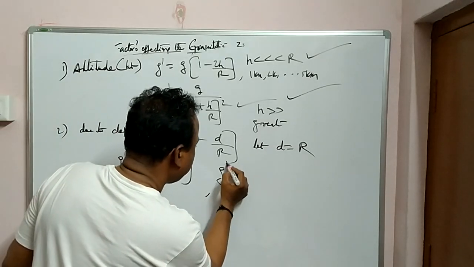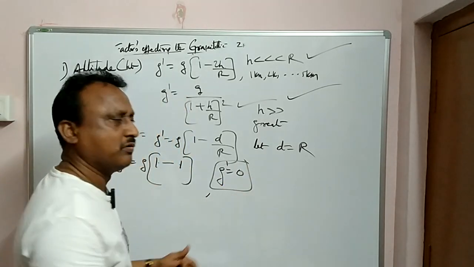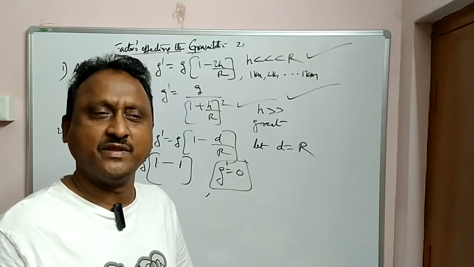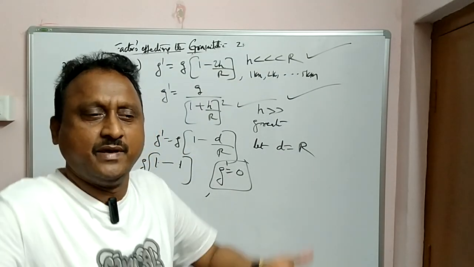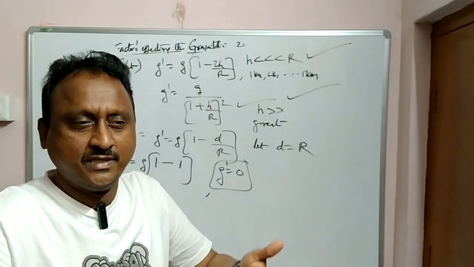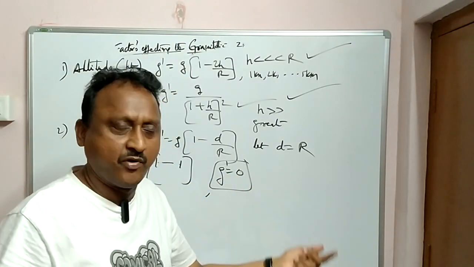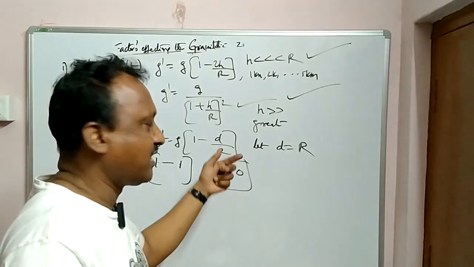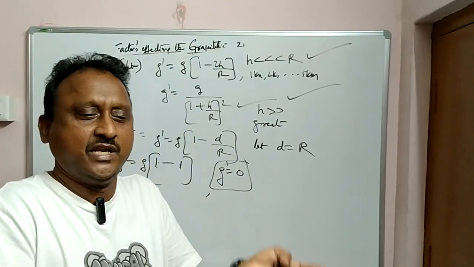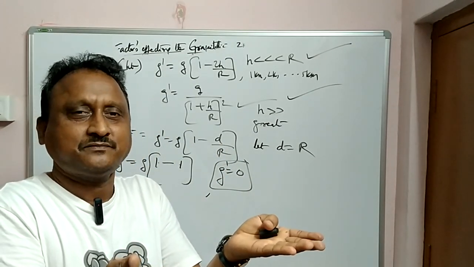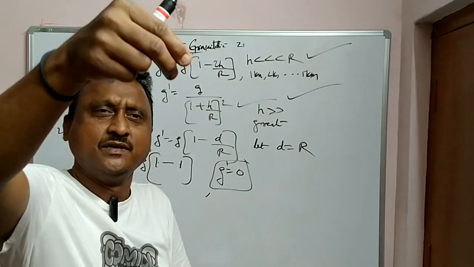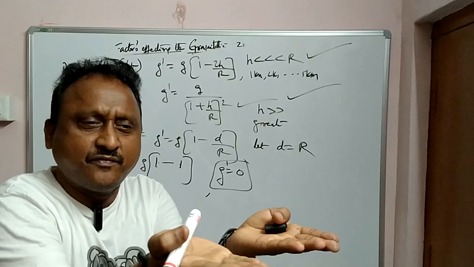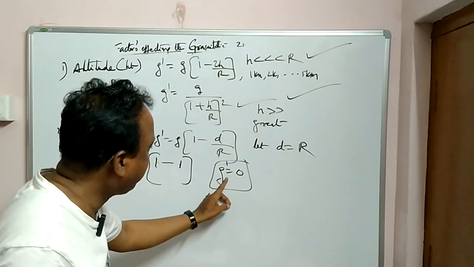So what does G dash become then? 0. No gravity. Now gravity is there, so we stand on the earth. If there is no gravity, what happens to us? We will be in the air, floating in the air. See, because gravity is there, 9.8, you are standing on the surface of the earth. If the G value is completely 0, then you will be floating. That means if any body is kept, or anything is poured, like a liquid, it will stay on the surface and won't come down because the G value is 0.